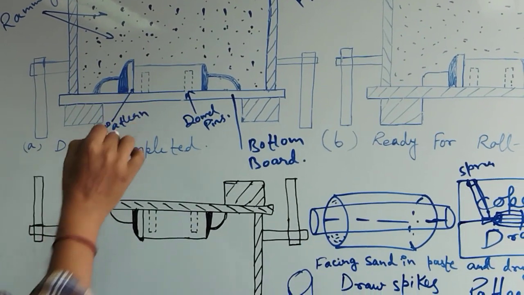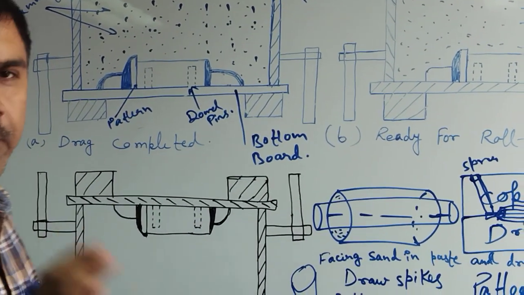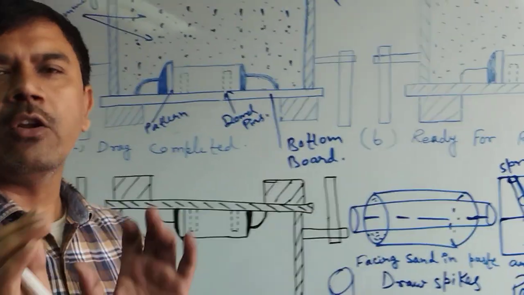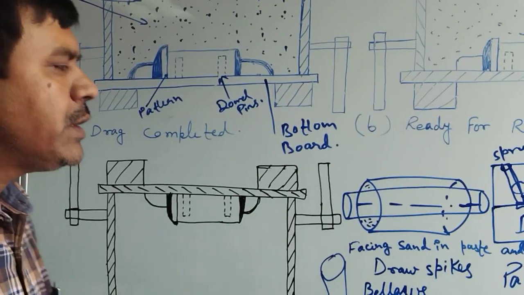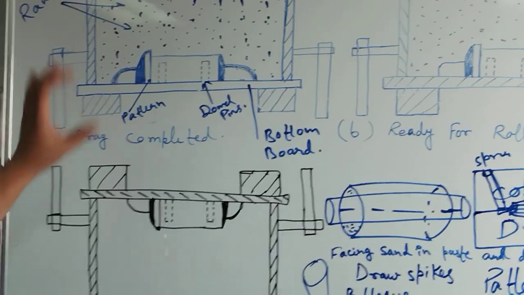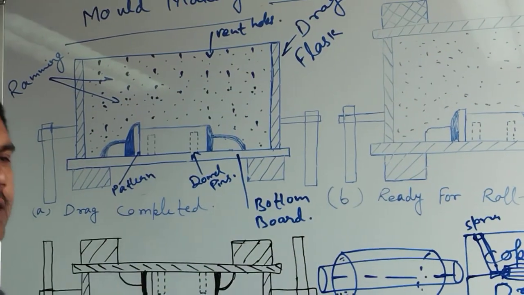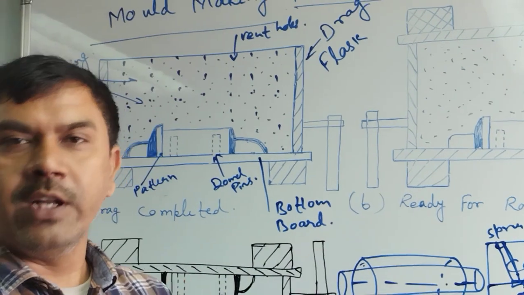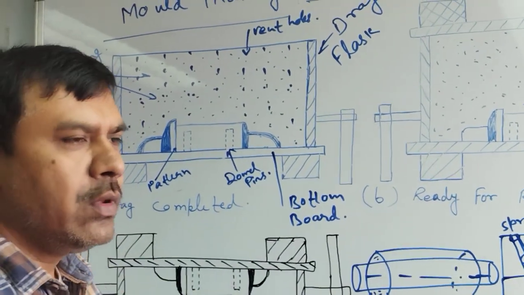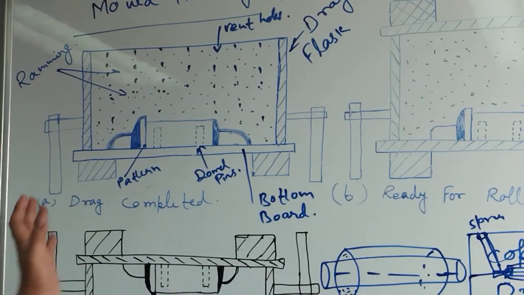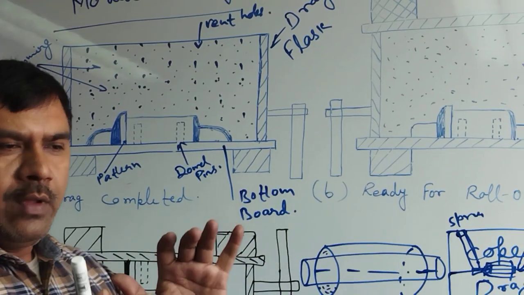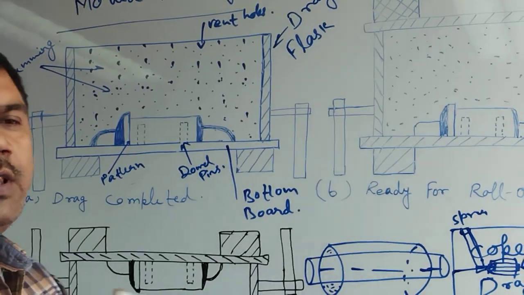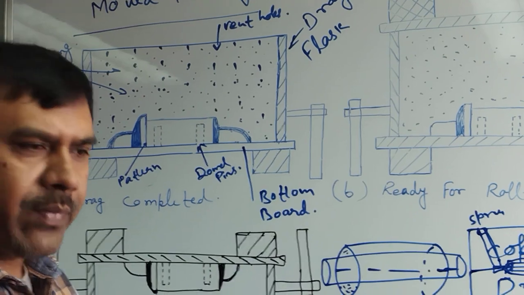For making hollow cylindrical pipes or hollow cylindrical objects, we use a pattern. The pattern is the replica of the original object, from which we make the original object with the help of the pattern.